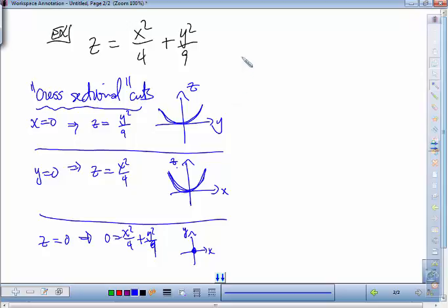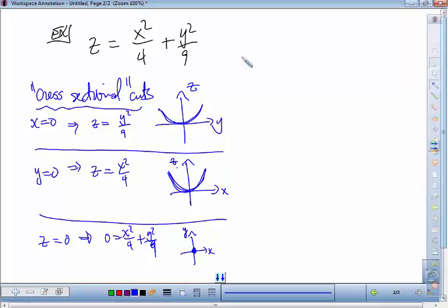Now, in general, especially when we start studying functions of several variables in Chapter 14, we tend to look at these things called level curves by setting z equal to not just 0, but z equal to a bunch of numbers.